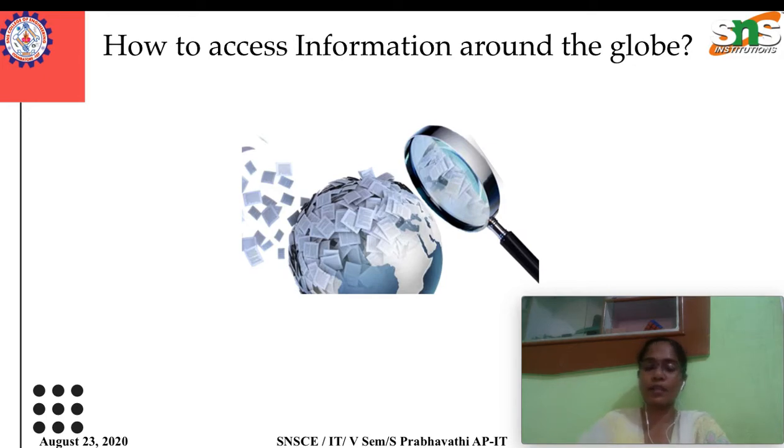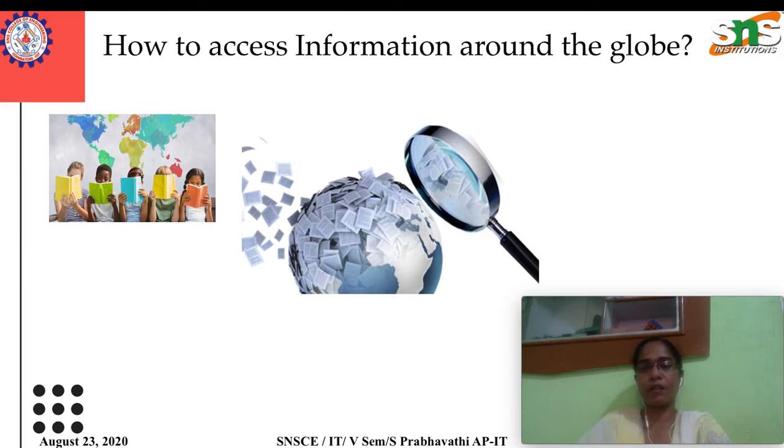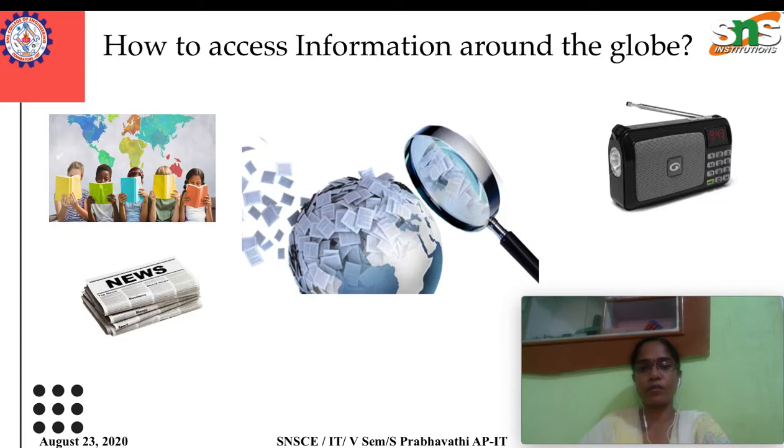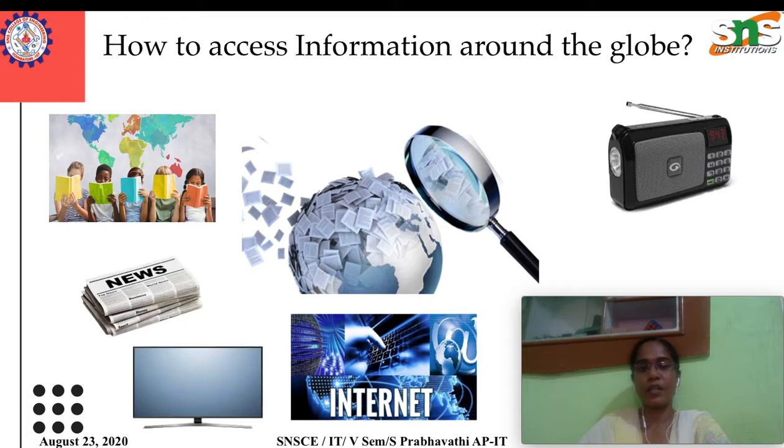So in early days we could access information only by different modes, like books, newspapers, radios, televisions, and now today in 2020, and of course in the 20th century itself, we started accessing information apart from these modes. We are accessing via the internet.